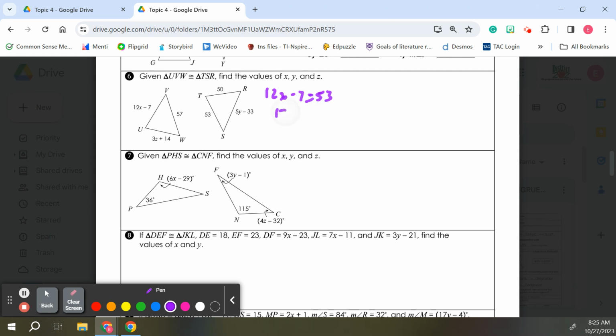That leaves you with 12X equals 60. And then when you divide by 12, X equals 5. Take a minute and solve for Y and Z, please. So we already covered this part and this part. Remember, do not eyeball this. You want to use the congruency statement given to you.